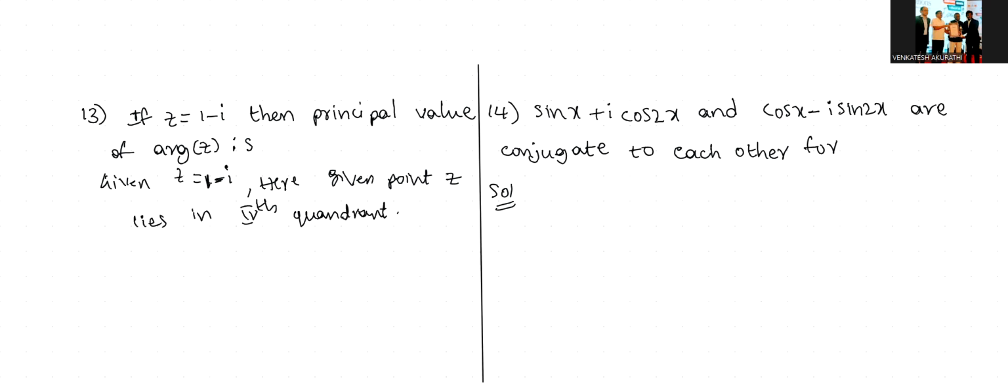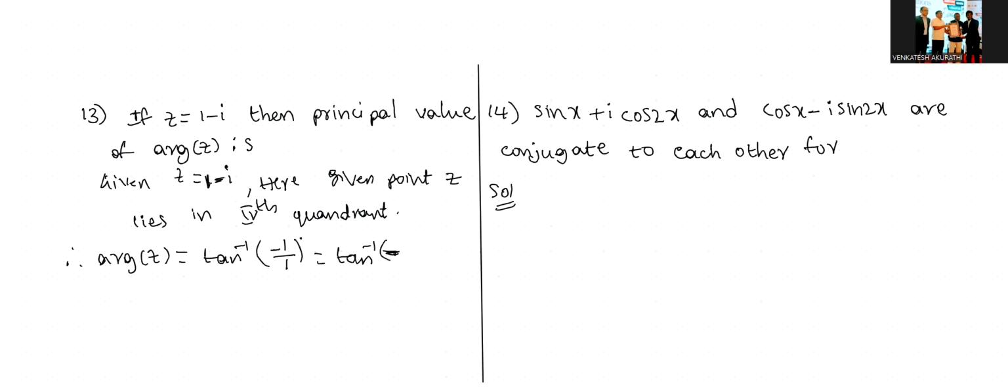Therefore, the argument of z is equal to the formula tan inverse of y by x. The x value is 1, the y value is minus 1, so minus 1 by 1.